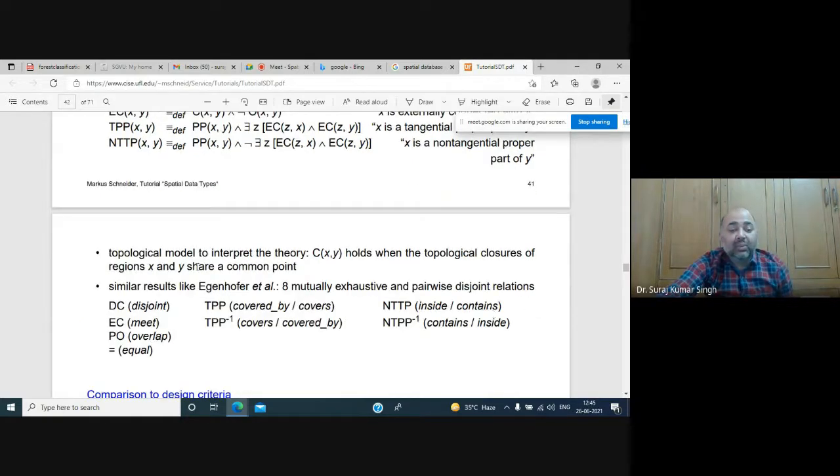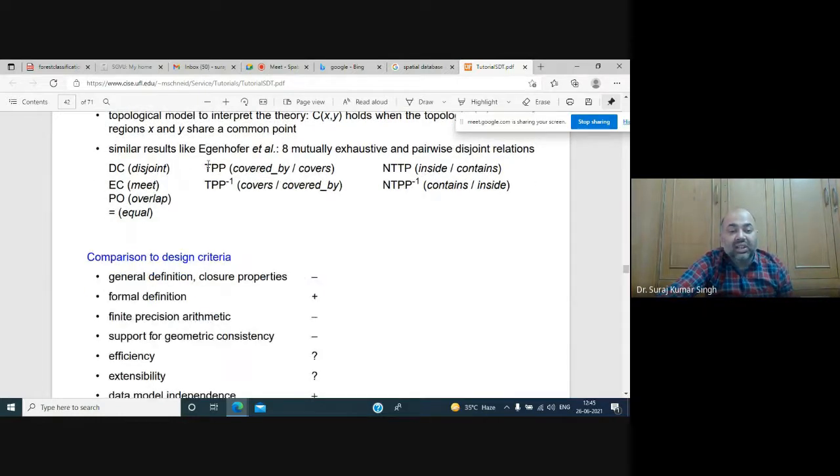So this kind of topological model is used to interpret the theory which says that C holds when the topological closures of regions X and Y share a common point. So similar results like Egenhofer et al: 8 mutually exhaustive and pairwise disjoint relationships. So what are those disjoint relationships?